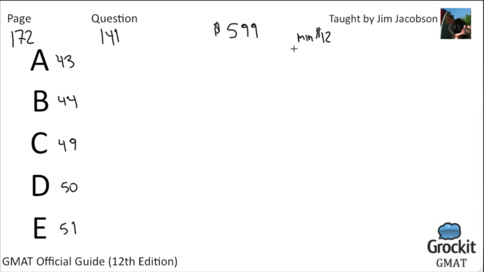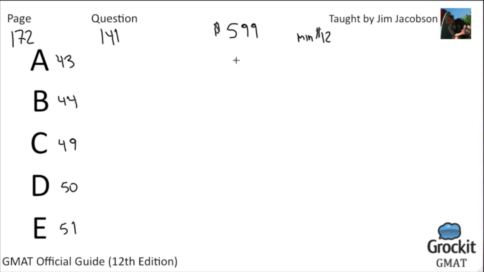Now, the club with the smallest number of members would have one person who contributed $599 all by him or herself. So the converse of that is that to have the largest number of members, they all need to have contributed the smallest number possible, and they all contributed $12 minimum. So the largest possible number of members has each of them contributing exactly $12, or whatever that is closest to $599.